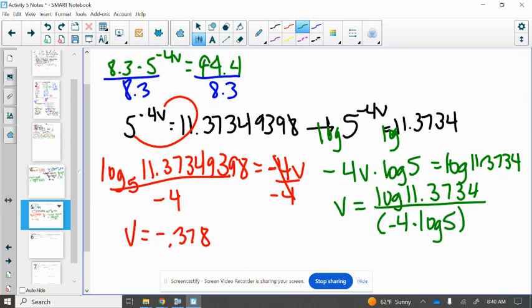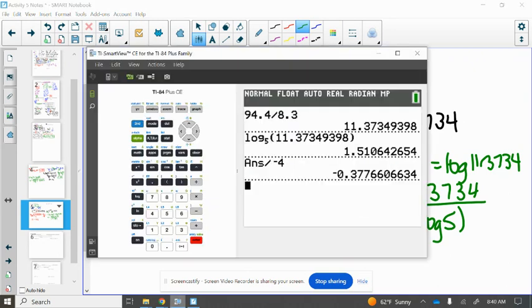But we would type this in: log of, I'll scroll up to make sure I use a bunch of decimal places, divided by parentheses, because again, I want to make sure that this is all in the denominator, negative 4 times log of the 5. And we still get that same answer, right?